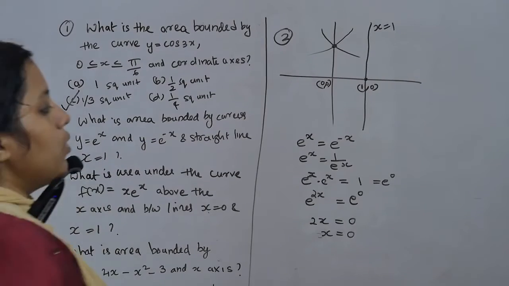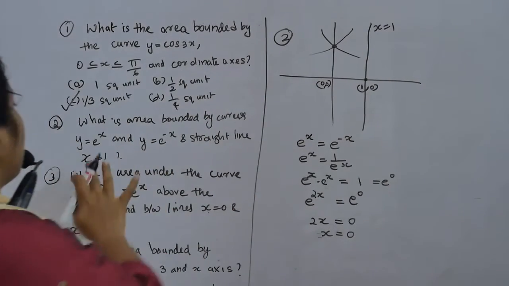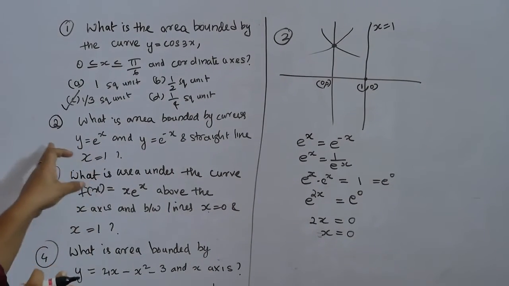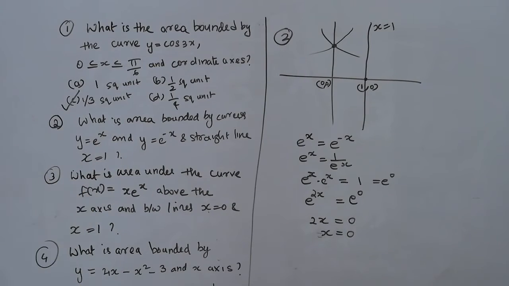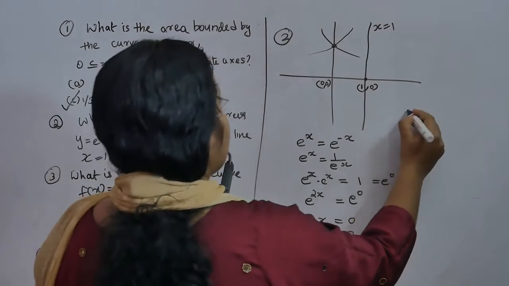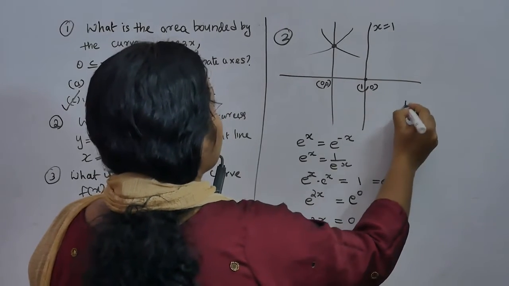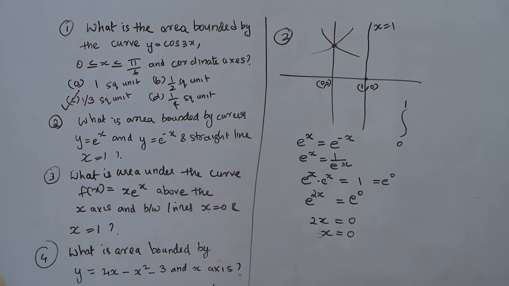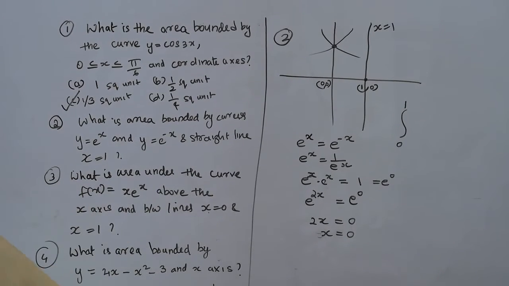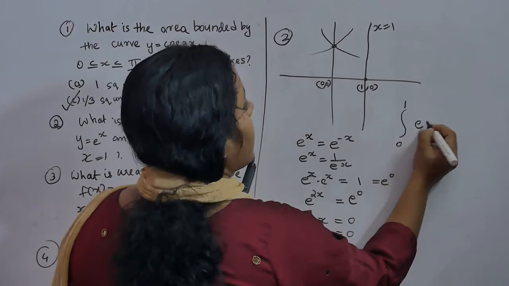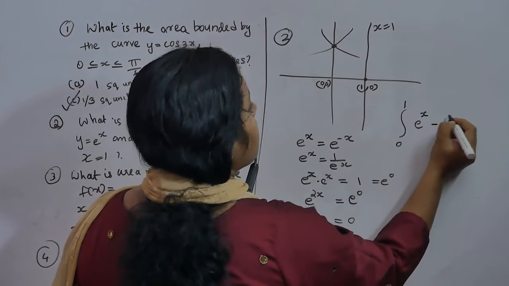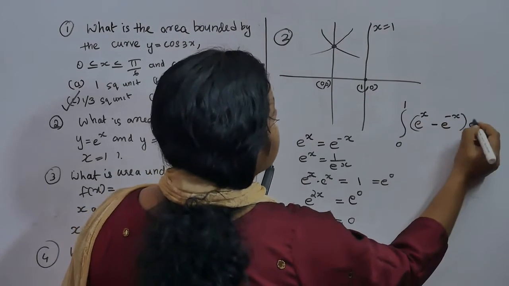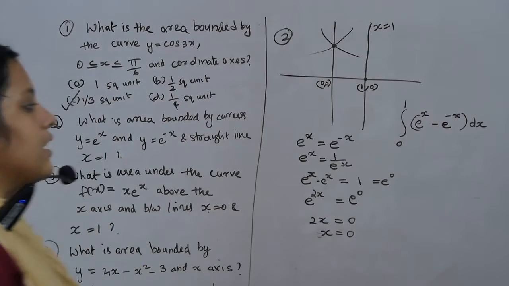The limit is from 0 to 1, and the function to use is e raised to x minus e raised to minus x dx. So this is the integration that we need to find.